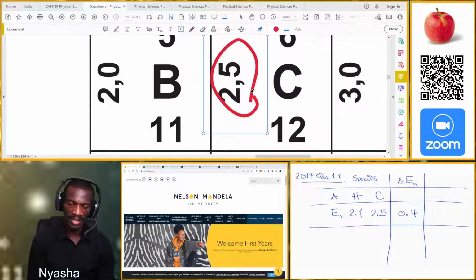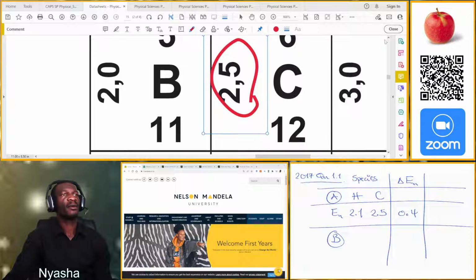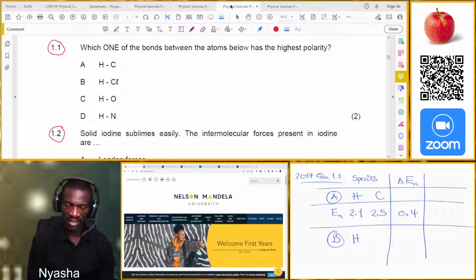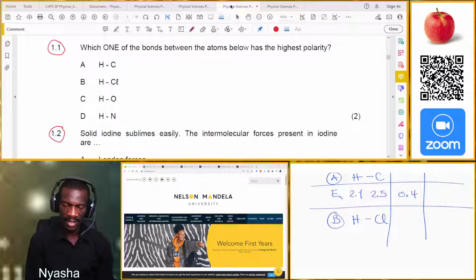Let's go to the next set, B. What is in B? On B, we have HCl. And H is still a 2.1 in terms of electronegativity.